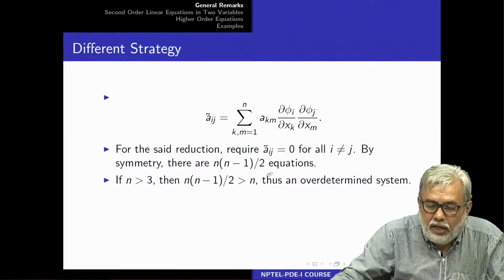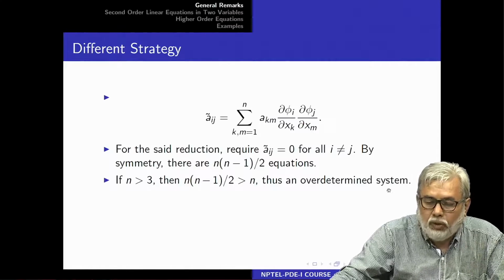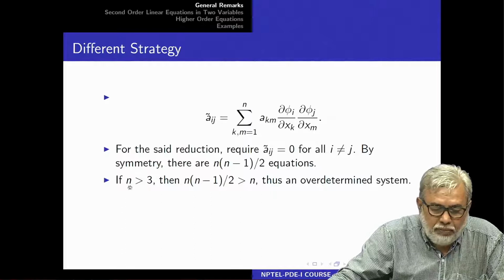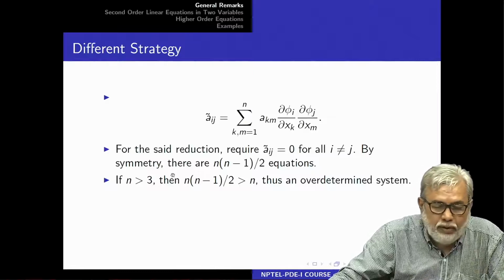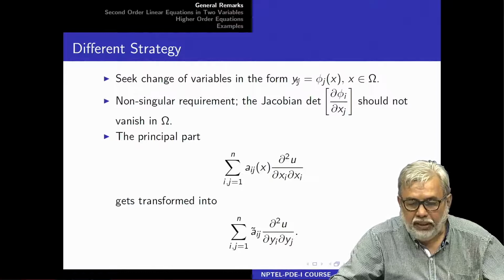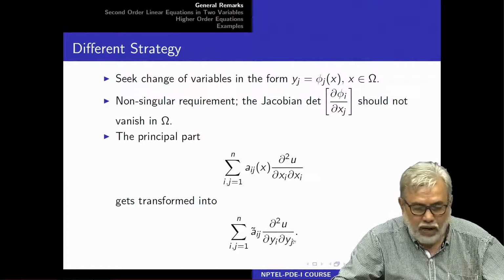That means there are more equations and fewer unknowns, and this is an over-determined system, very difficult to solve. So, for n bigger than 3, we cannot hope to get such a transformation that transforms the given equation, its principal part, into a diagonal form.